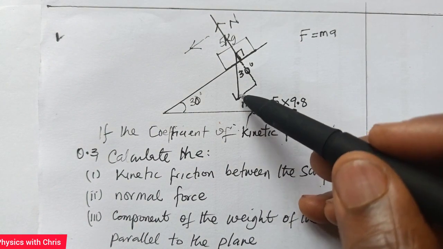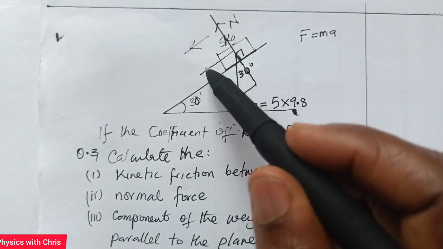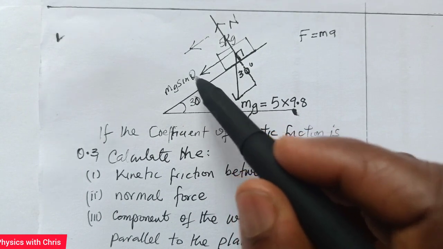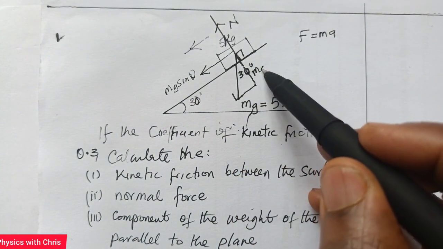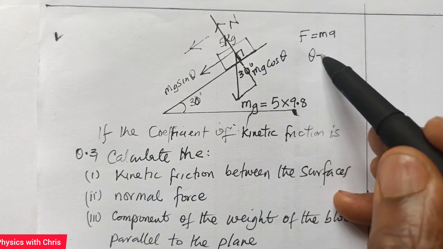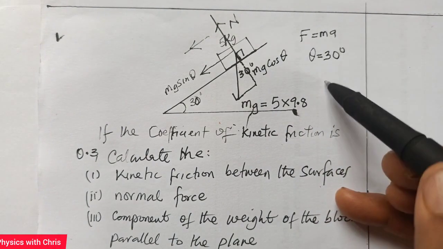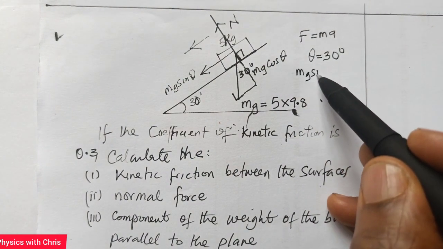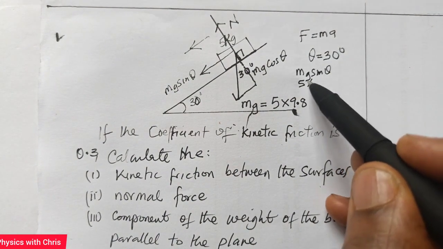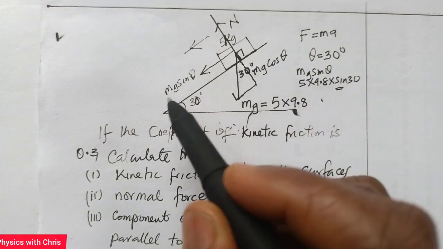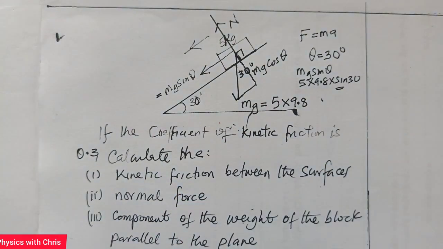A part of the weight acts along the plane, that is down the plane, and of course, that's the mg sin theta component. The other component acts at right angles to the plane, that is the mg cos theta component, where my angle theta is given as 30 degrees. So quickly I can evaluate my mg sin theta, that is 5 times 9.8 times sin 30, to get this component of the weight which is acting along the plane.